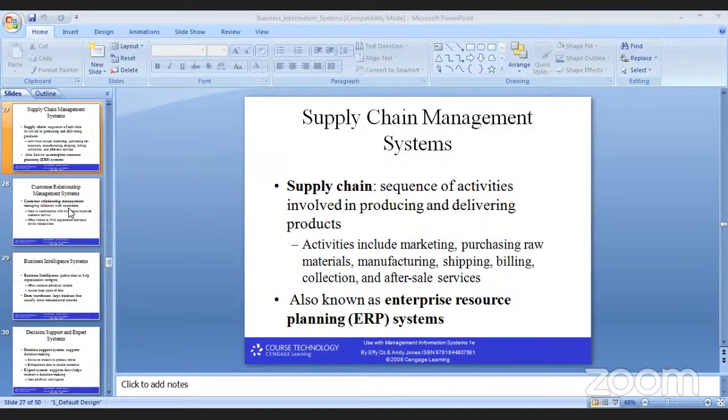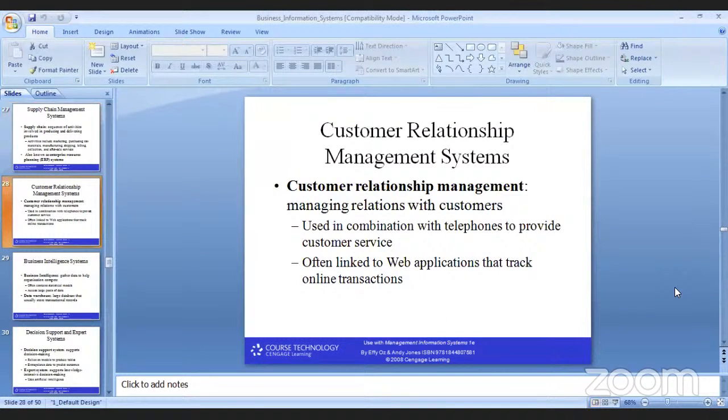Okay, then the next is the customer relationship management system.